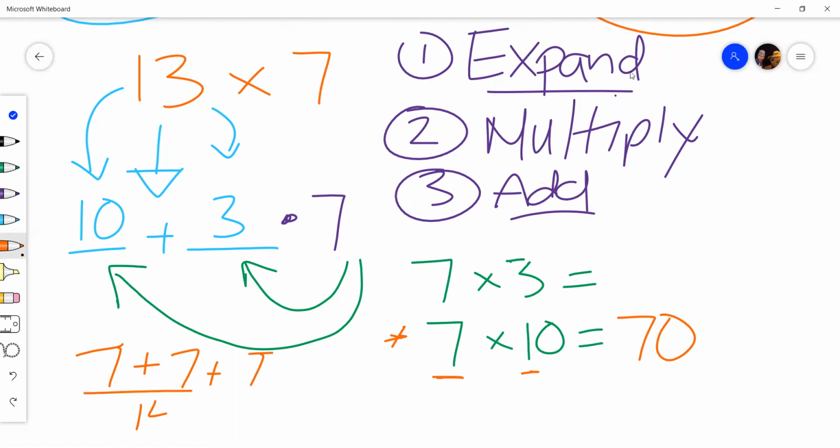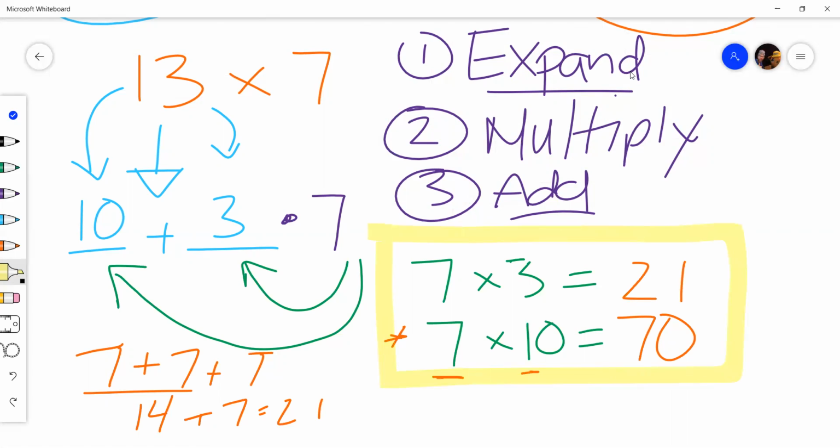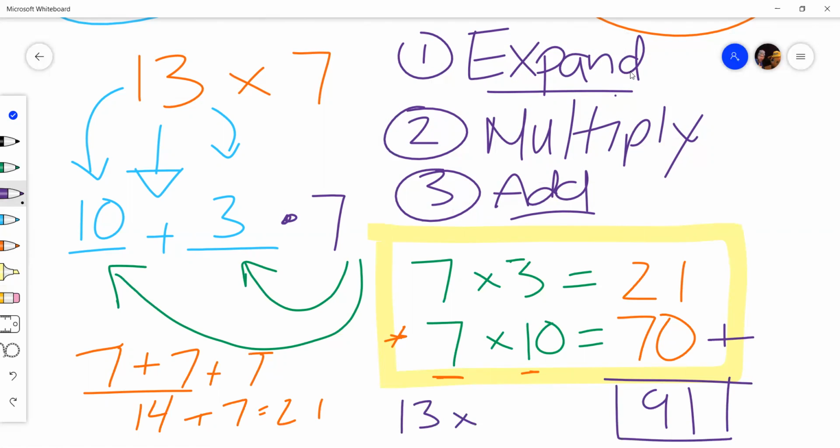Doubles are 14, plus 7 is 21. Notice how I stacked them on top of each other. I was very intentional here, because for our last step, add, I'm just going to add these 2 together. I get 91. And that's our answer. 13 times 7 is equal to 91.